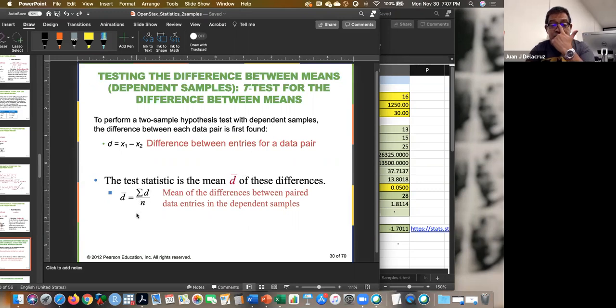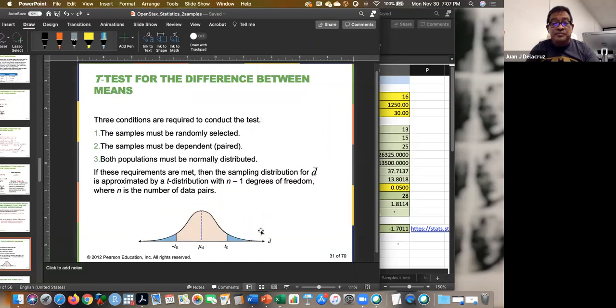It's a very simple way to compute the mean of the differences. Imagine that we have a column for the pre and the post, and another one for the difference. At the end, we are gonna add the differences and divide by the sample size. And then we are gonna find the mean of the difference between paired data entries in dependent samples.